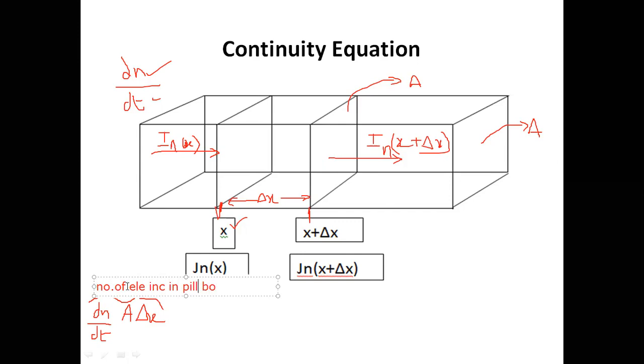So this must be equal to the number of electrons increasing in the pill.